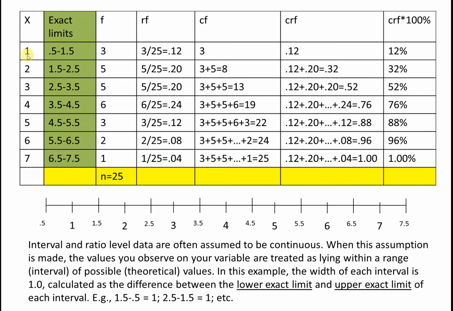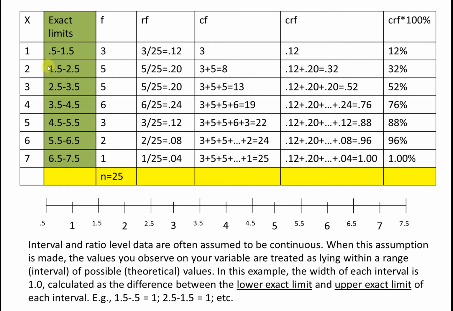So for instance, if we observe a value of 1 in our data set, the theoretical range of values might fall between 0.5 and 1.5. If we observe a value of 2, we might really be observing values falling in a theoretical range between 1.5 and 2.5. If we observe a value of 3, we might be observing values that fall between 2.5 and 3.5, all if we had enough measurement precision.